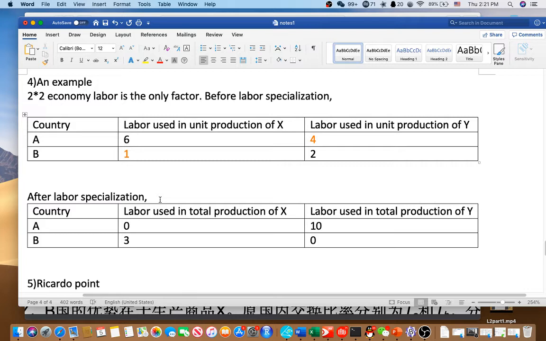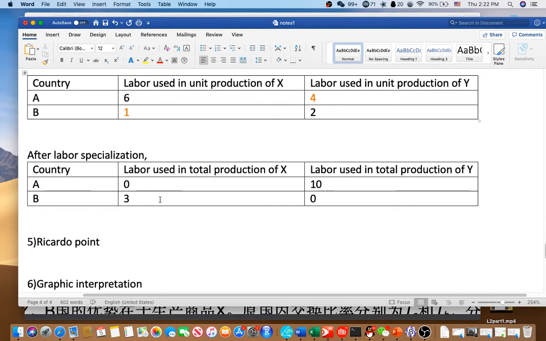The total is 5.5 after specialization of both X and Y, which is greater than before the specialization, only 4 units of X plus Y. The difference is 1.5 products more. Both are better off because world consumption and welfare increase and labor cost is saved.